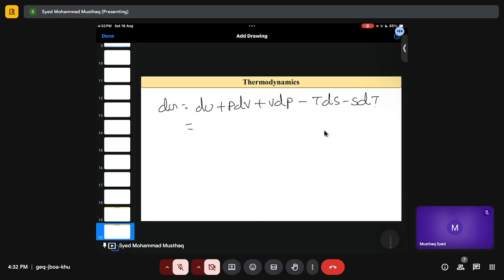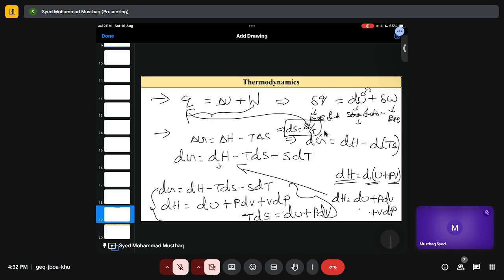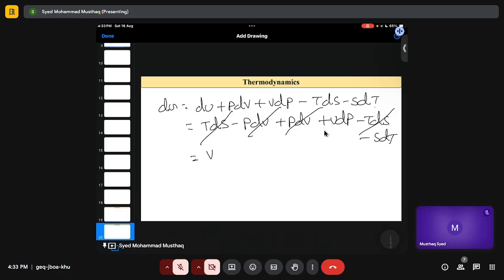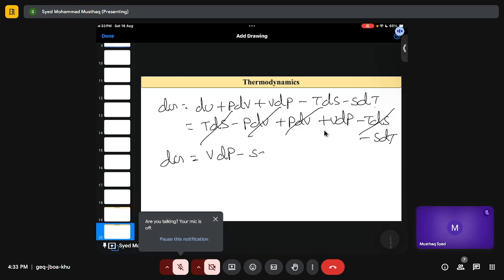What is dU? dU equals TdS minus PdV. So we have VdP minus SdT. This guy goes off. So finally we have free energy in terms of pressure and temperature.